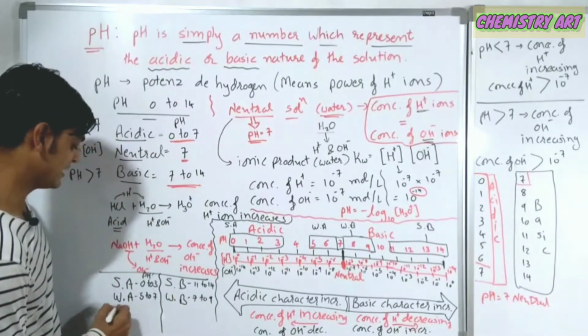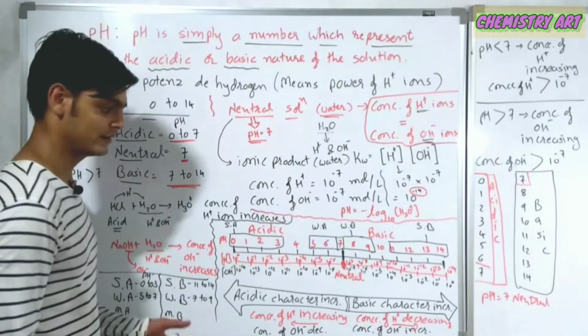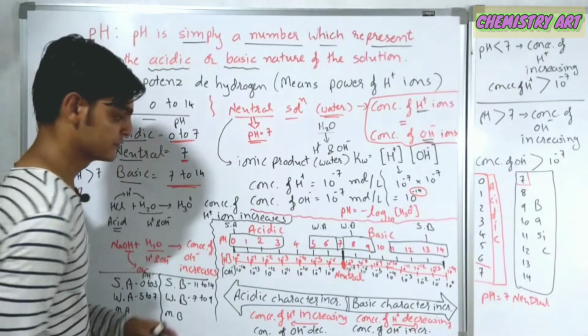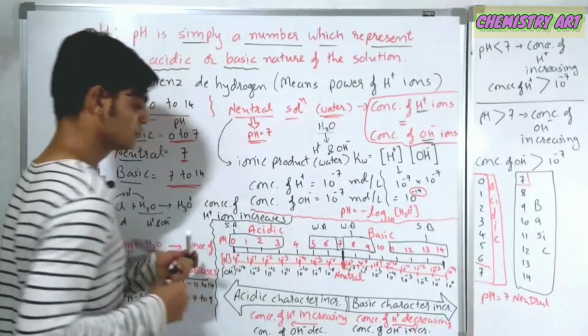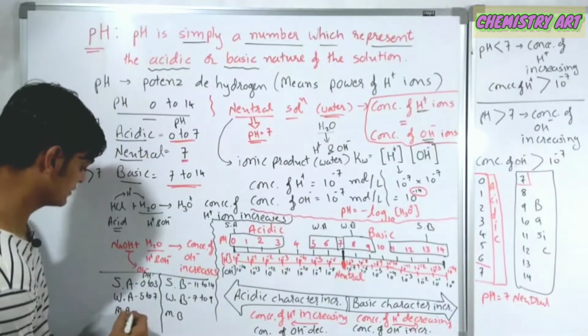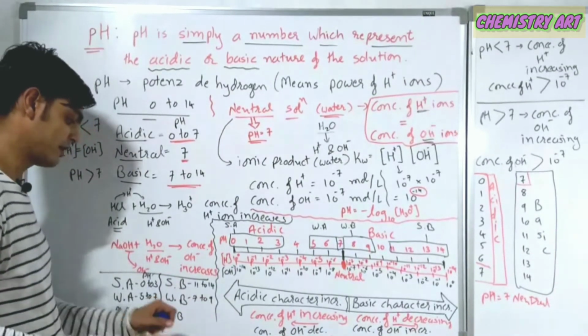Okay, so medium acid and medium base, moderately acidic and moderately basic. If the pH is 3 to 5, then it's known as a medium acid, moderately acidic.